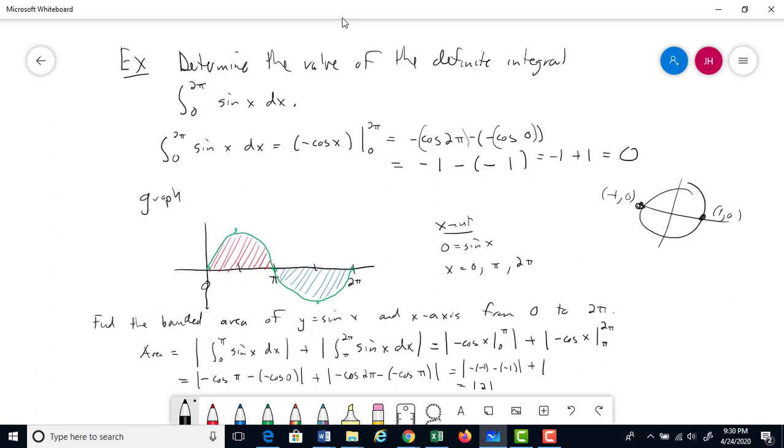Plus, now when I do this side, this is equal to minus the cosine of 2 pi, which is 1. So minus 1 minus 1. Is that right?